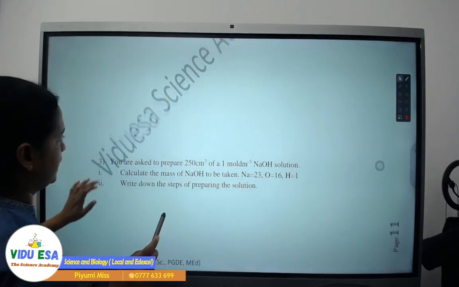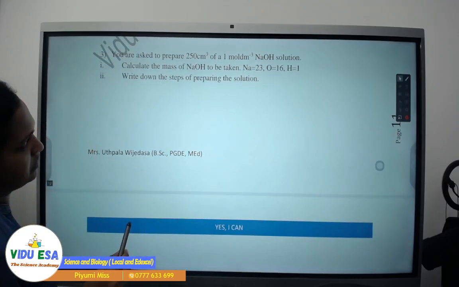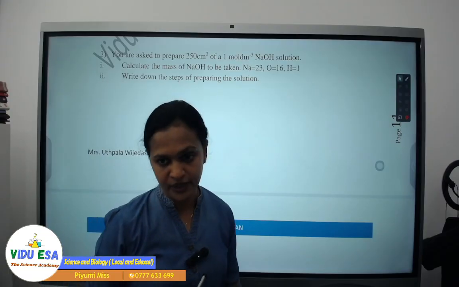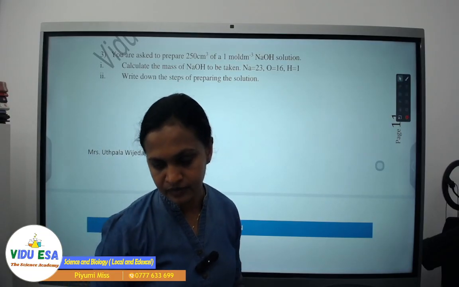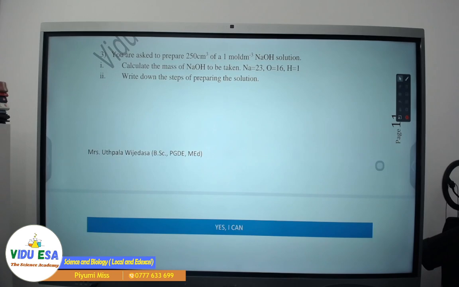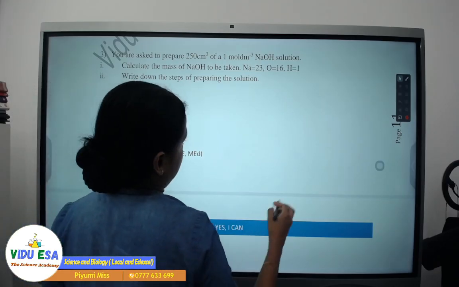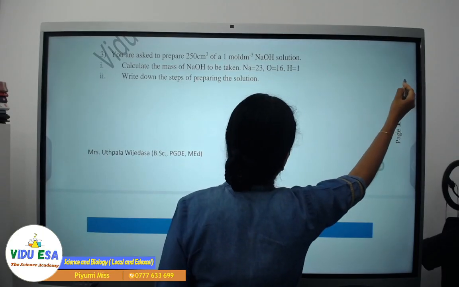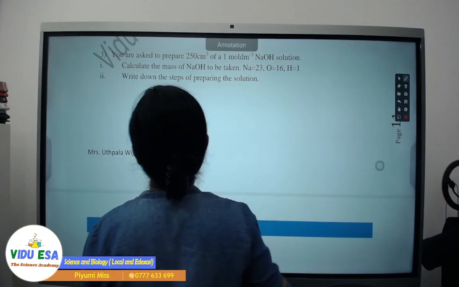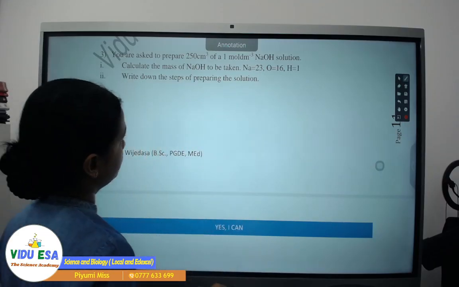You are asked to prepare 250 cubic centimeters of 1 mole per cubic decimeter sodium hydroxide solution. Calculate the mass of sodium hydroxide.